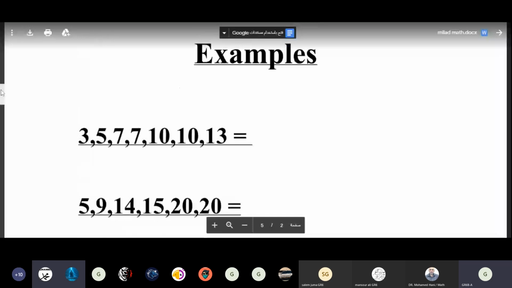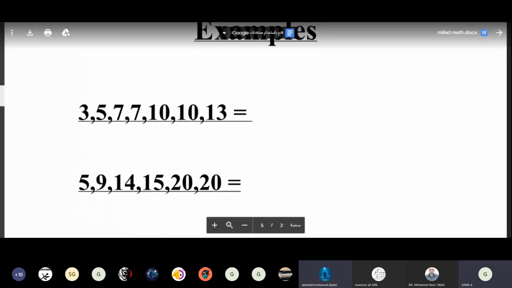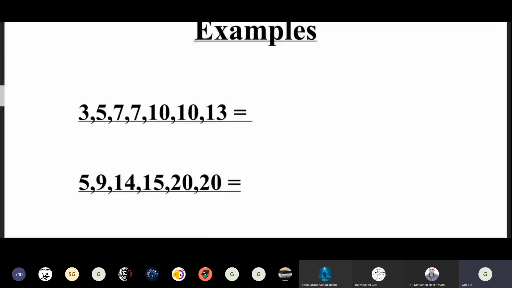Okay. 3, 5, 7, 7, 10, 10, 13. Now you add 3 plus 5 plus 7 plus 7 plus 10 plus 10 plus 13, then divide by how many numbers there are. 1, 2, 3, 4, 5, 6, 7, so divide by 7.